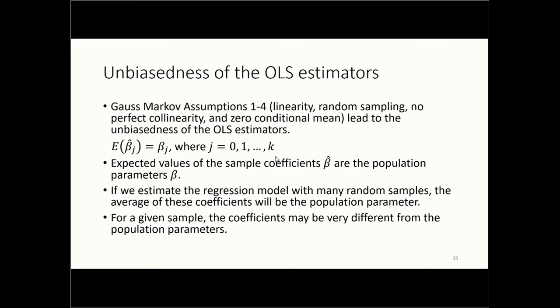But on average, if we have many different samples, we would be hitting the population parameter. That's what we would get as the average value of these sample coefficients. So for the OLS estimators to be unbiased, the expected value of the sample coefficient is the population parameter.